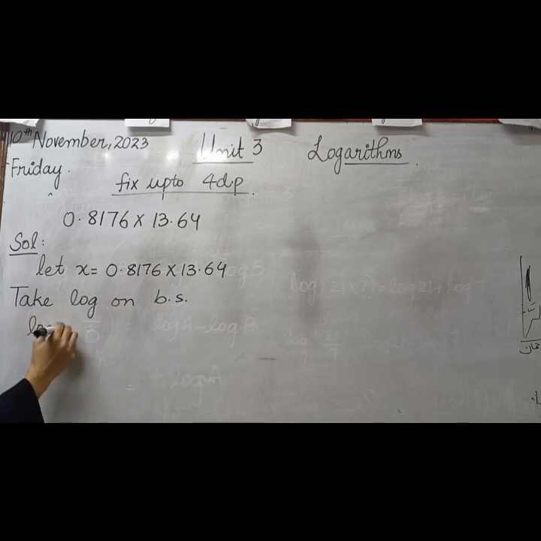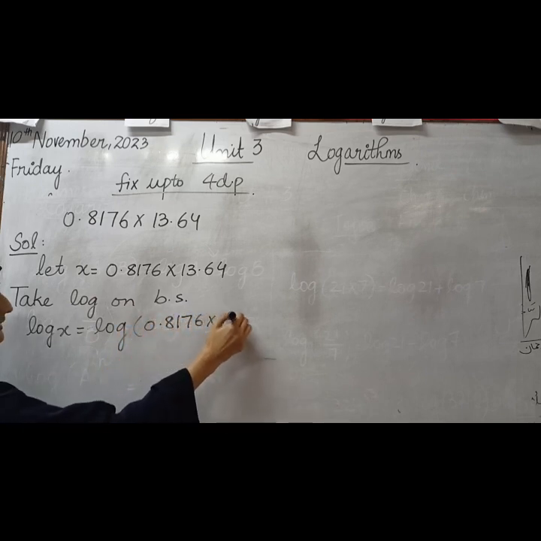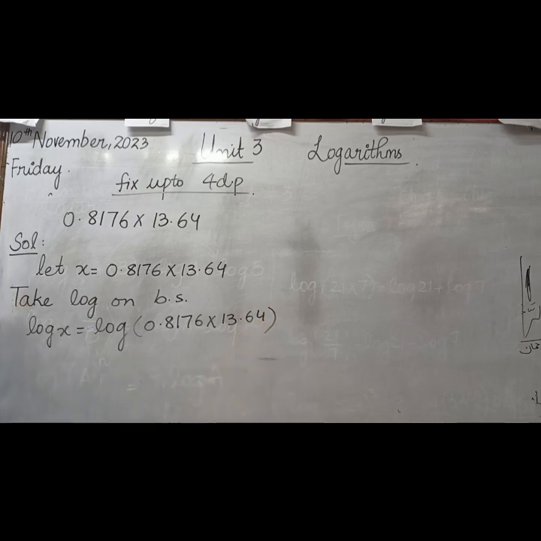Log of x is equal to log of the whole bracket 0.8176 multiply 13.64. In the next step, what will you do? Do you have any idea? Yes, you will apply the property of logarithm and this will convert into positive sign.